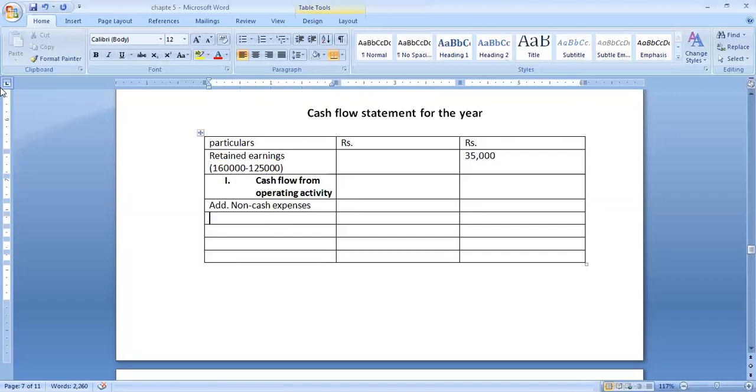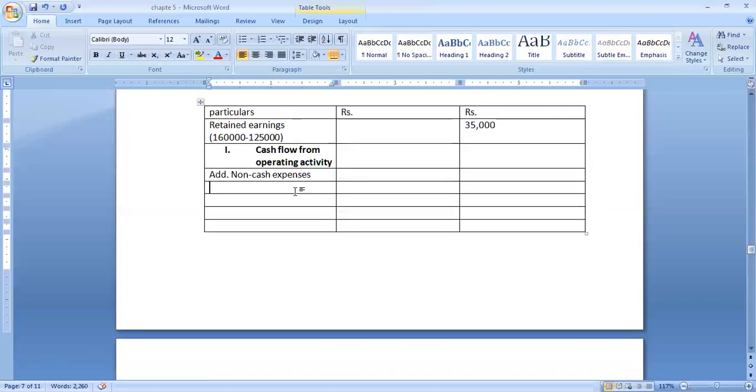Okay. What are the non-cash expenses? Take the provision for depreciation. I told you, if the provision for depreciation is given in the balance sheet, directly take it below the non-cash expenses. If it is not given, it is given in the adjustment.